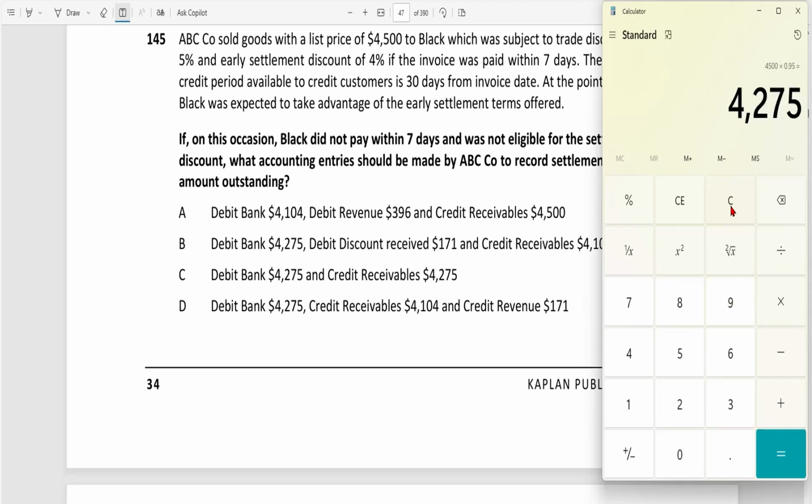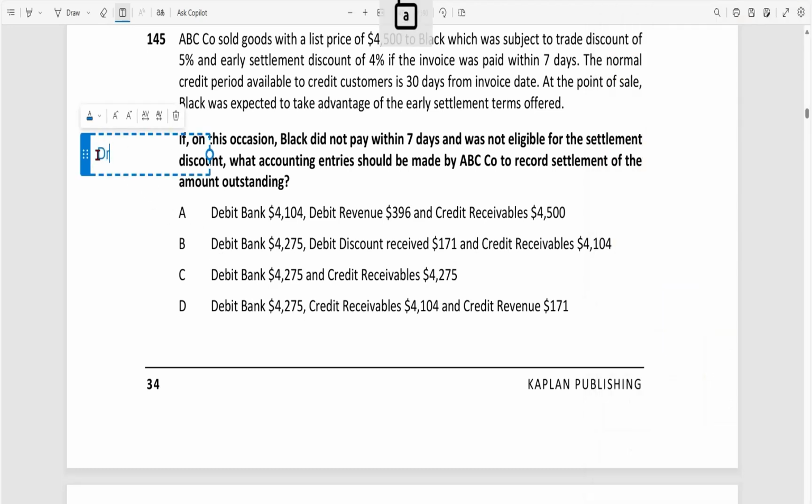So 4275 was the final amount. Okay, and at the same time the customer has been offered a cash settlement discount of 4% and the customer was also expecting to take this discount, so we will multiply it again by 96%. So this will give a balance of 4104.